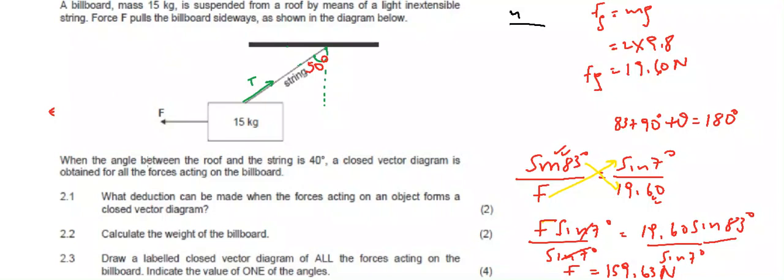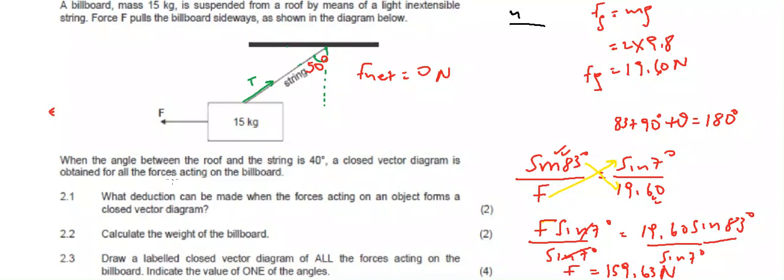Then we have a force that is applied when the angle between the roof and the string is 40. A closed vector diagram is obtained, which means F net is equal to 0, because the closed vector diagram is obtained.